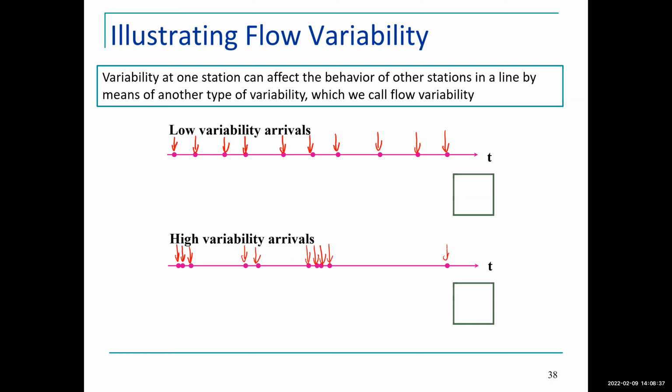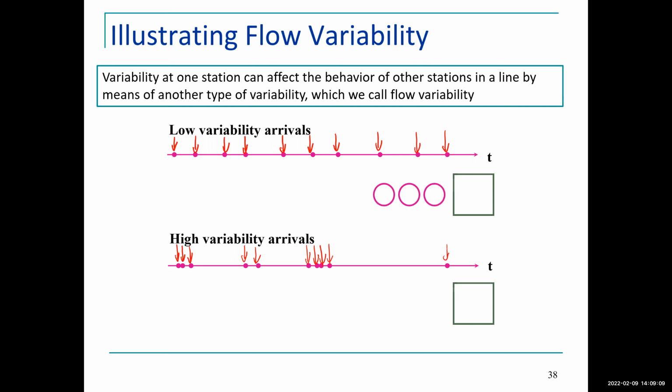You have a group arriving at some point, and then another group, and then another group. So this is the difference between low variability and high variability. It's not that you're going to get more or less. It's how they are arriving into the system. Are they arriving at the same pace, or more or less at the same pace, or they have different groups arriving at different times. So high variability at the bottom, low variability at the top.